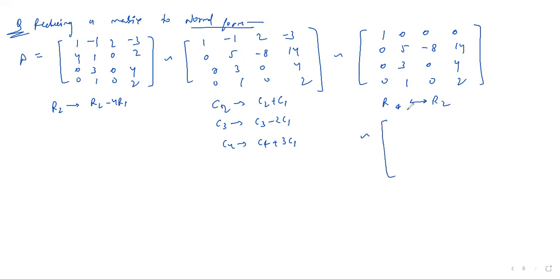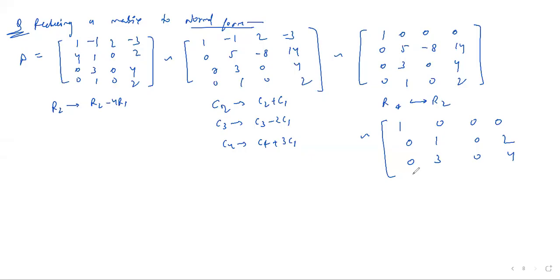After changing these rows we will get 1 0 0 0, then 0 1 0 2 0 3 0 4, and this is 0 5 minus 8 14. So by interchanging the rows we will get this.